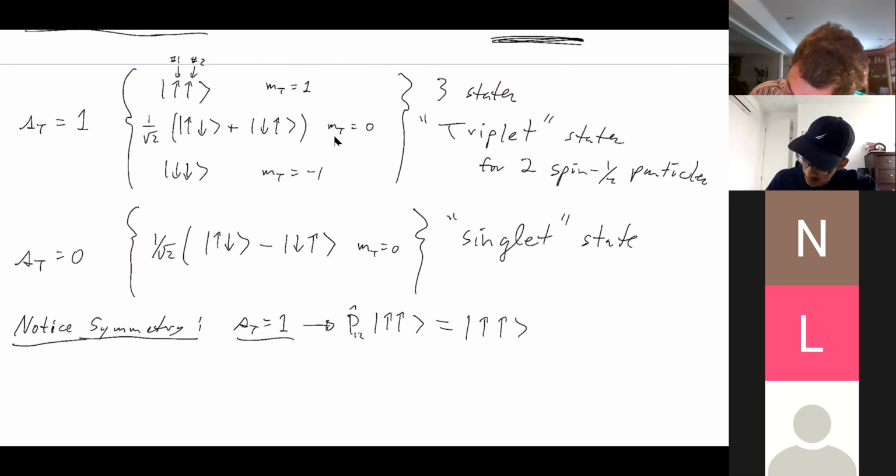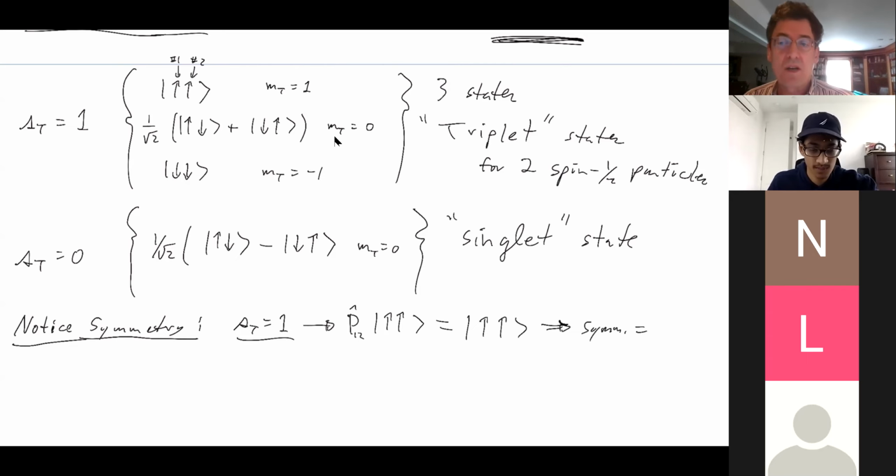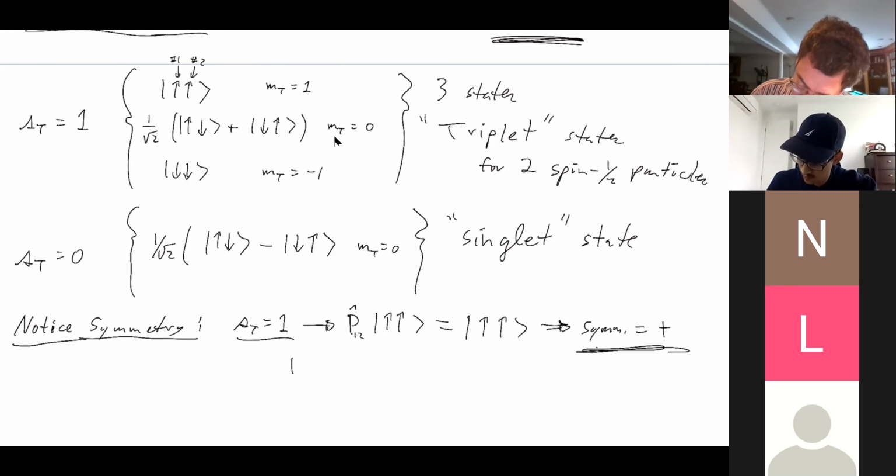And so that means that the symmetry is what? Positive or negative? Positive. That's right. So we call it a symmetric state. And you can do the same thing for the other one, the up, down plus down, up.